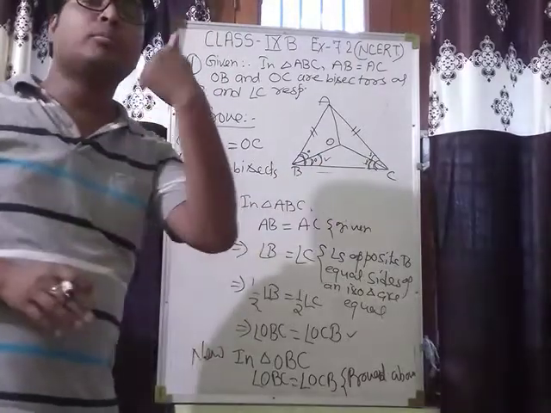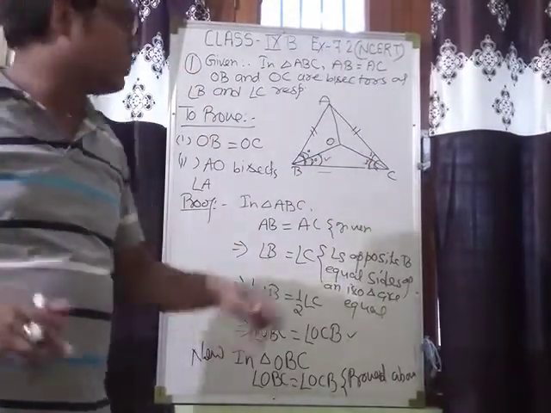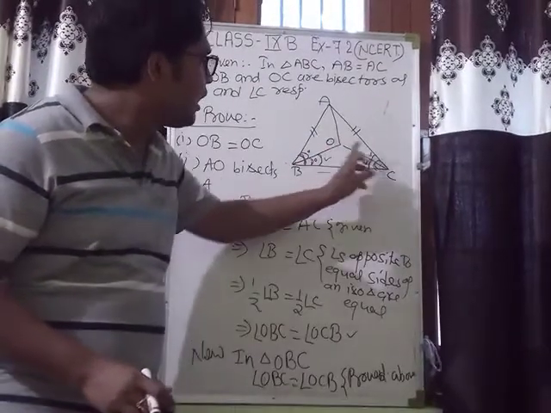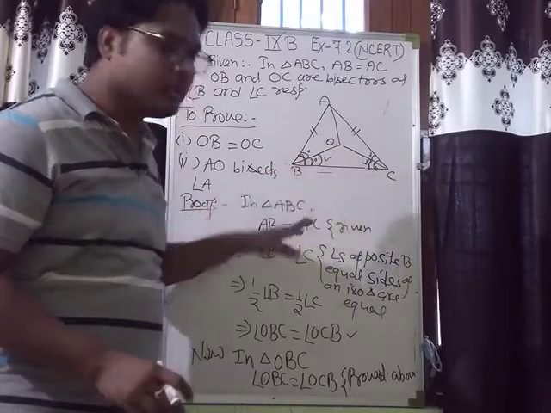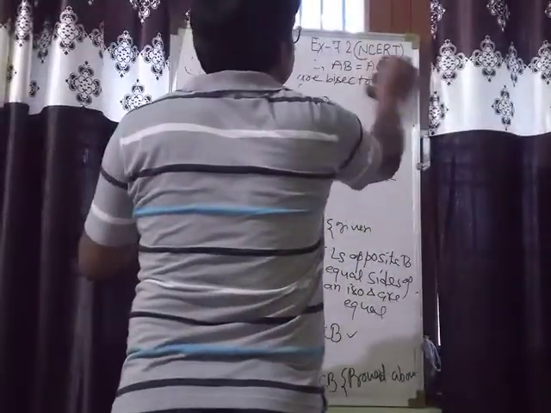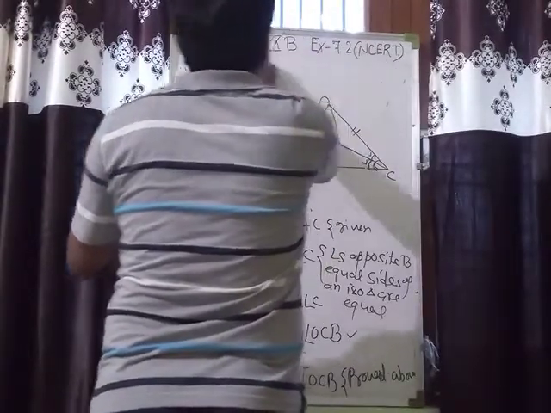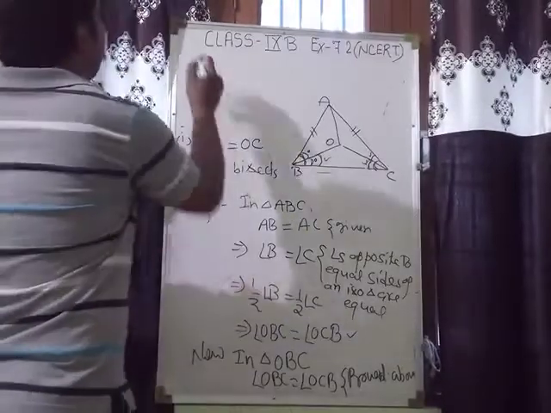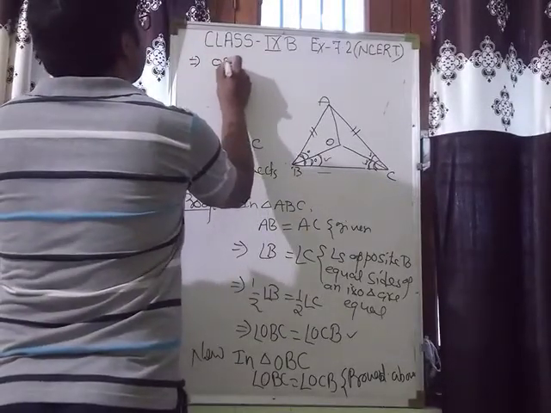So their opposite sides must also be equal. The opposite side of angle OBC is OC and of OCB is OB. Clearly from here we conclude that OC is equal to OB. From here we can write OB equal to OC.